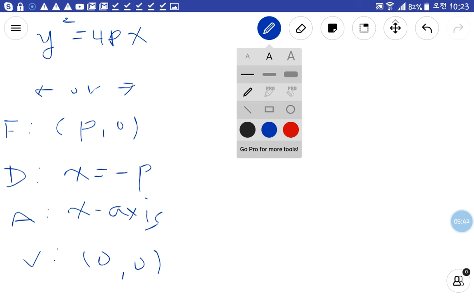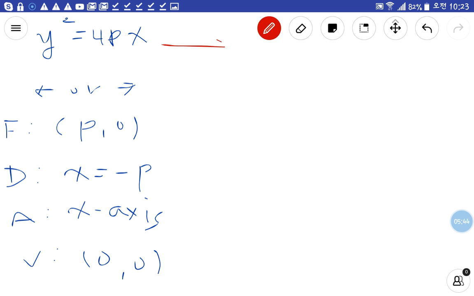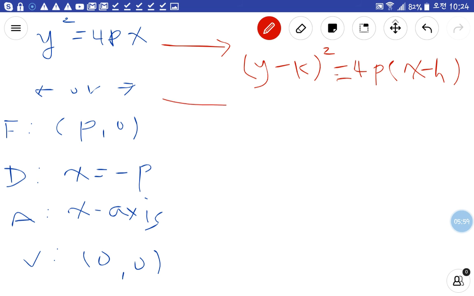Now I'm going to do the translation, h and k. What's going to happen? Your basic form becomes y minus k squared equals 4p times x minus h. It still opens left or right, so that's not going to change anything. Now, focus. What should we do? Add h and k. So p plus h and 0 plus k.